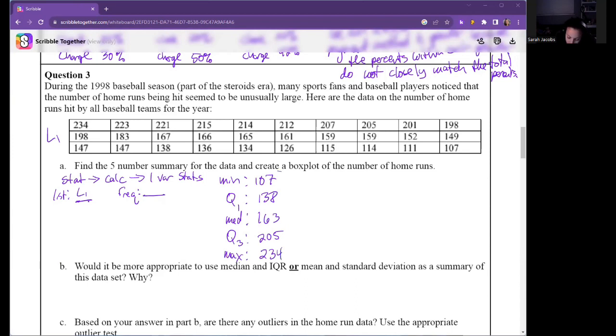So then when it comes to creating a box plot, you have to create your scale, and it has to be consistently split up. Otherwise, if you just use your numbers, you may change the actual skew or symmetry than if it was to scale.